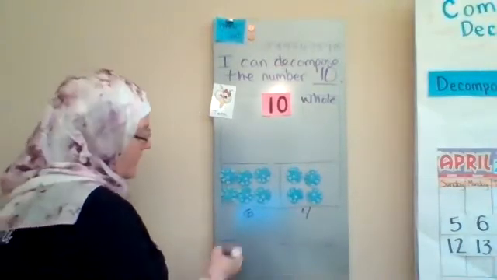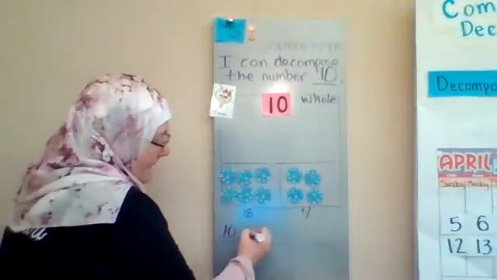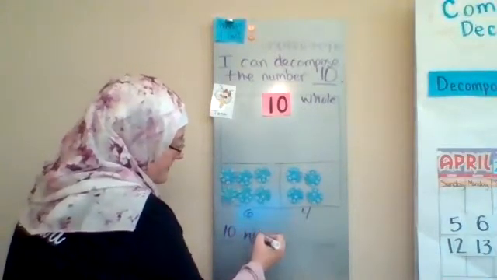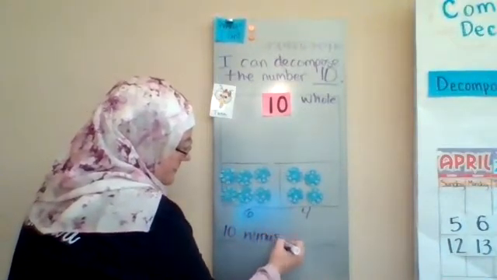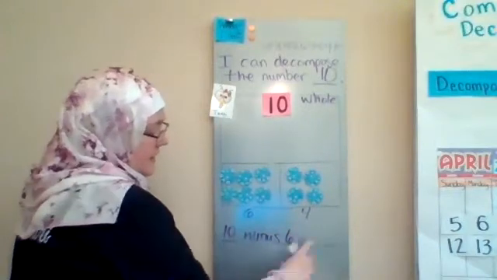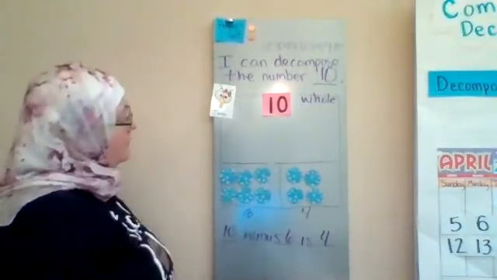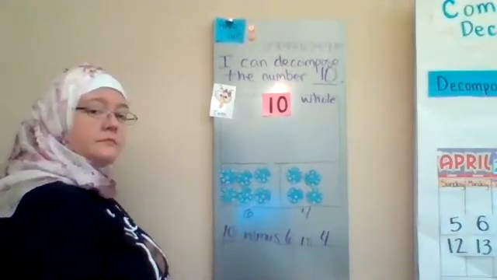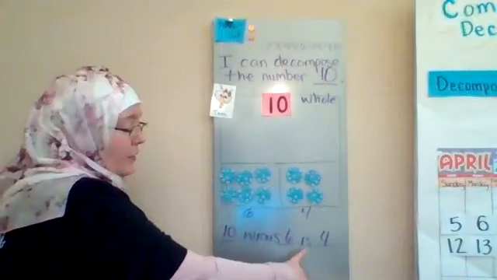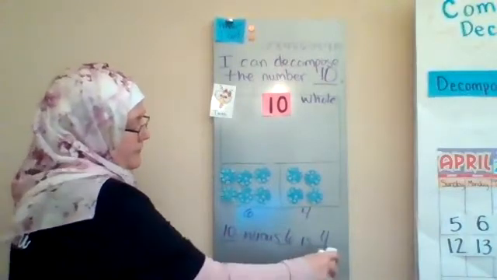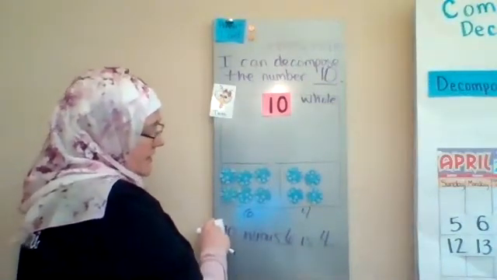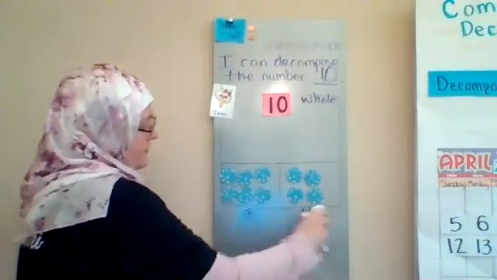So the sentence would read 10 minus 6 is 4. We can also say equals 4. 10 minus 6 is 4.